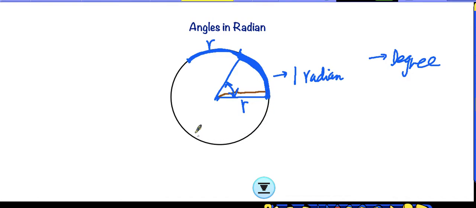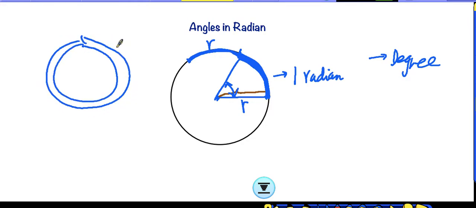How many? That will come down to the circumference of the circle. We know the circumference of the circle is the distance around the circle, and this distance can be measured by the formula 2 pi r.